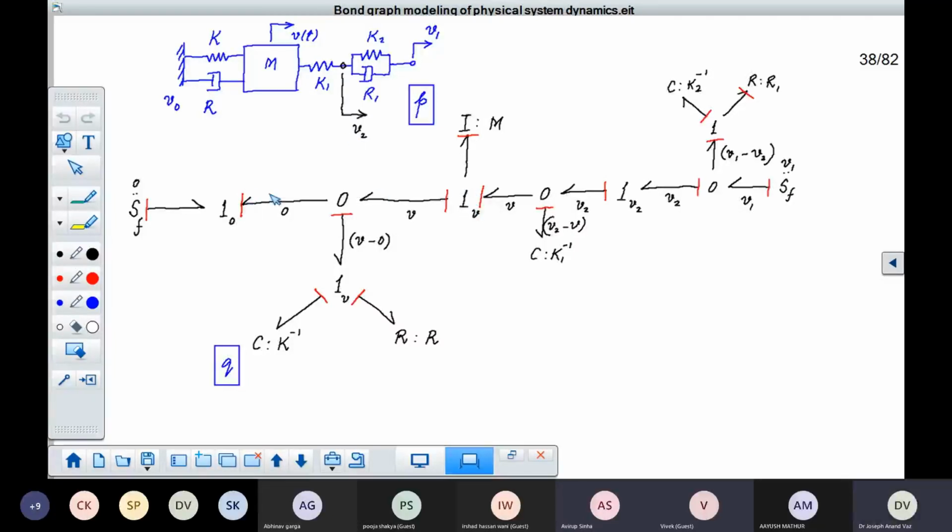Between these two one junctions, you have to take a relative motion, so you have a zero junction here. Based on kinematics, this has been done. This is what we call the flow mapping method. It's very convenient for mechanical systems.